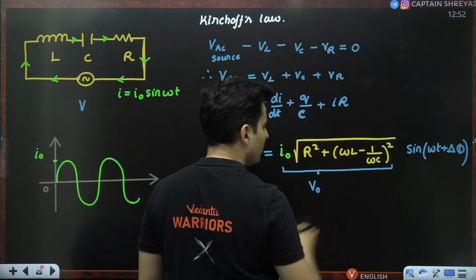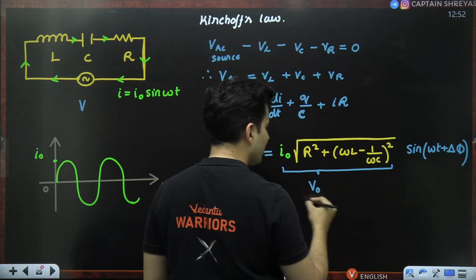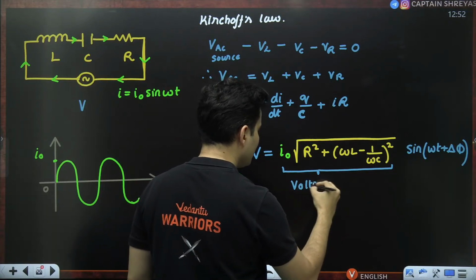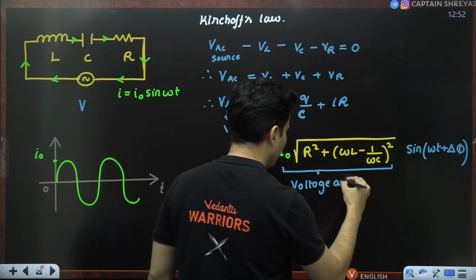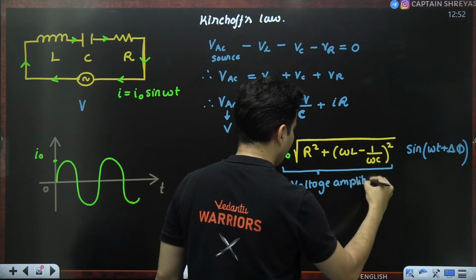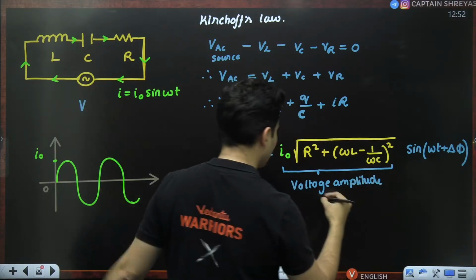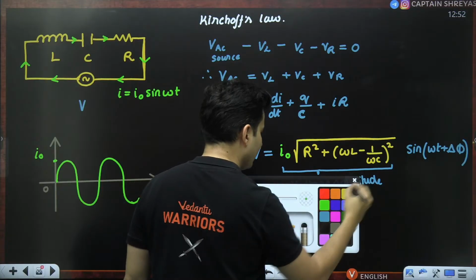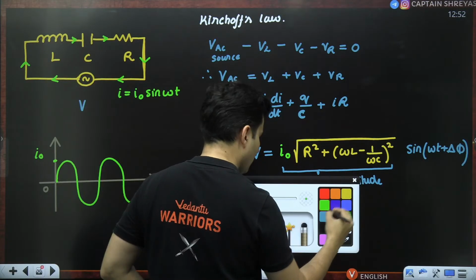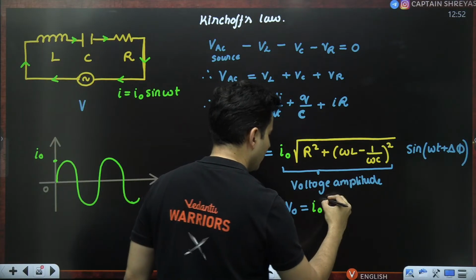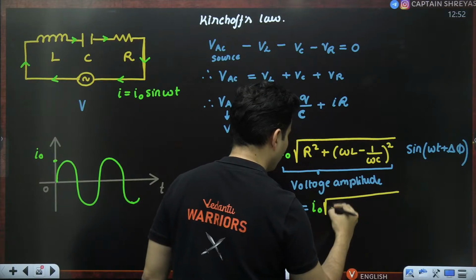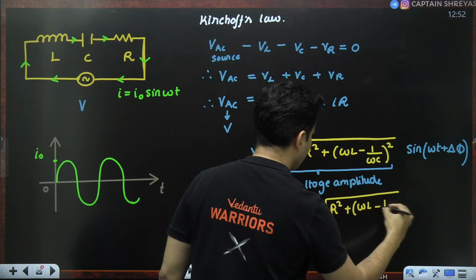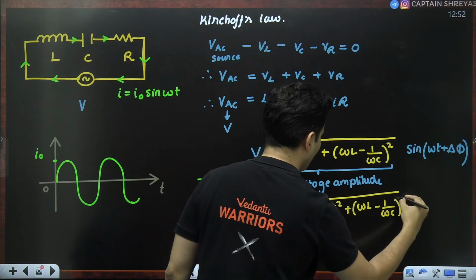So this is your voltage amplitude of that AC source, which is V0, and this V0 is nothing but the current multiplied by that entire thing, root of R square plus omega L minus 1 by omega C whole square.